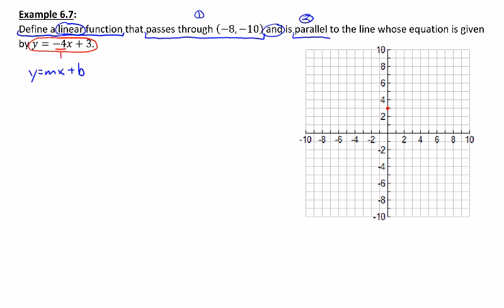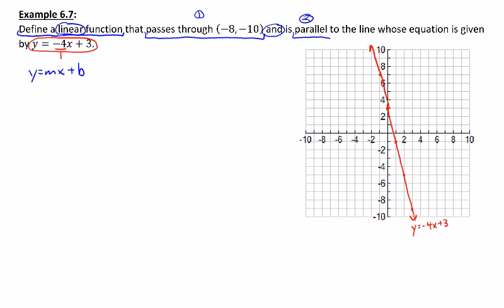Slope can be thought of as -4/1. So if I use the slope -4/1, I should get several points that I can use, all in a straight line. So let me draw a straight line, and we will call this y equals -4x plus 3.